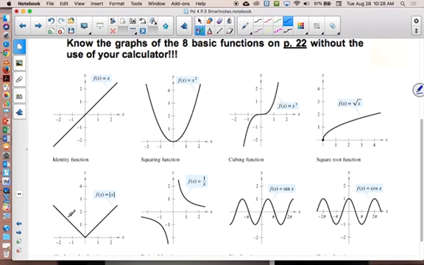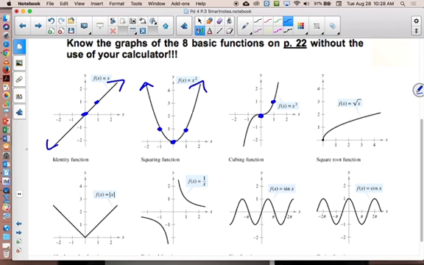They should have arrows on the ends, but it goes through 0, 0, 1, 1, negative 1, 1. So you can graph that line pretty quickly. The second one is the space for y equals x squared. So they want us to remember what that looks like pretty easily and quickly without a calculator.